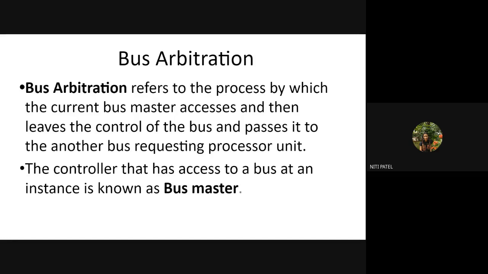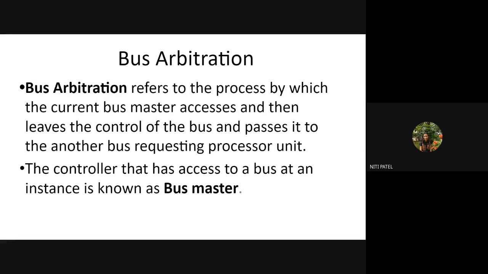Now, if a second instruction wants to execute, it has to take a read line, write line, address line, data line. Like this, if I have 100 instructions, all the 100 instructions have to take all the lines separately. So whenever any particular controller or device wants to access or execute any particular instruction, it has to first request for the buses.